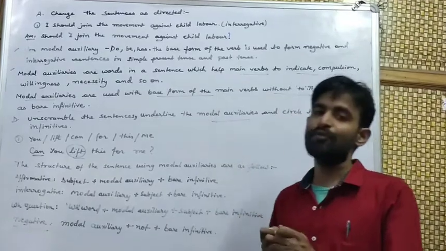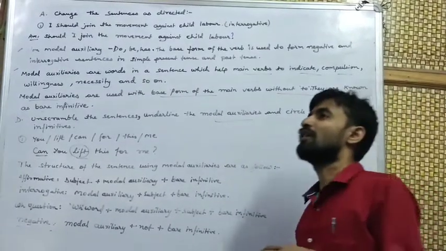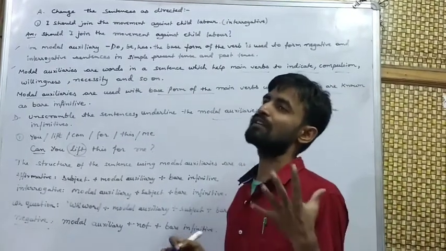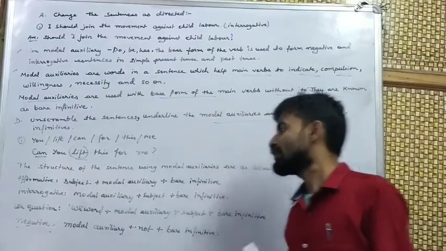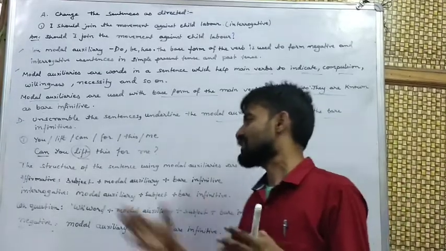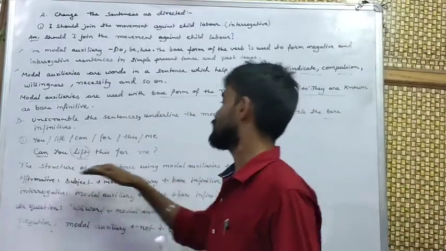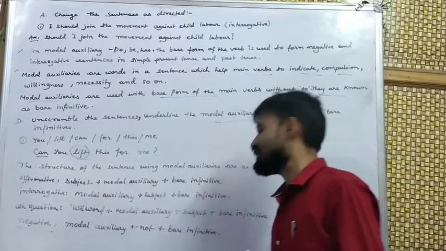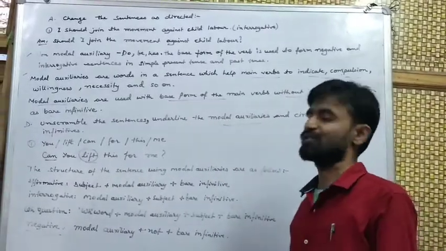Now many of you may not know what structure we should follow while using modals. So I would like to make it clear. The structures of sentences using modal auxiliaries are as follows. There are four kinds of structures.